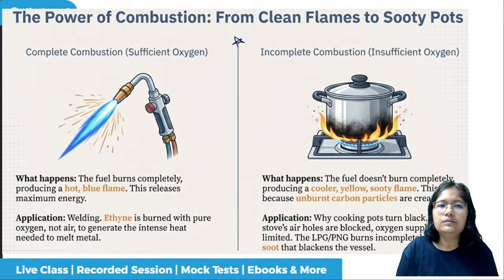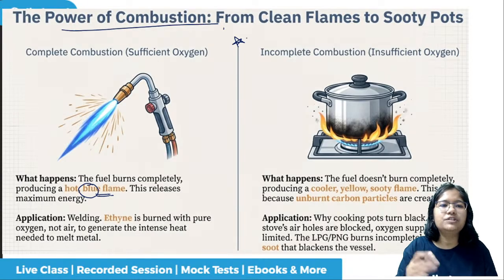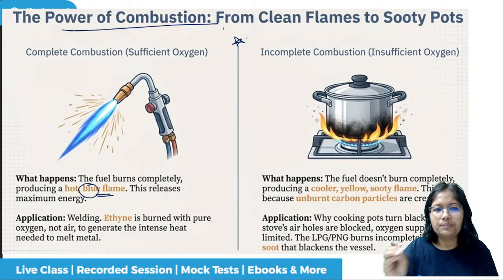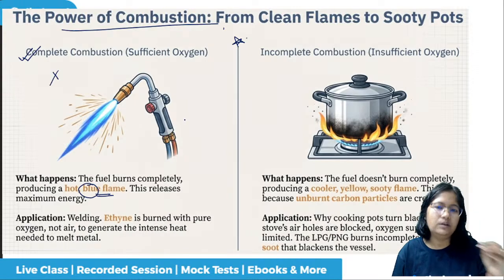Now coming to the power of combustion. If you see a blue flame, that means energy efficiency is there, there is oxygen supply, sufficient oxygen is provided and complete combustion is happening, there is no fuel loss as such or minimum fuel loss.